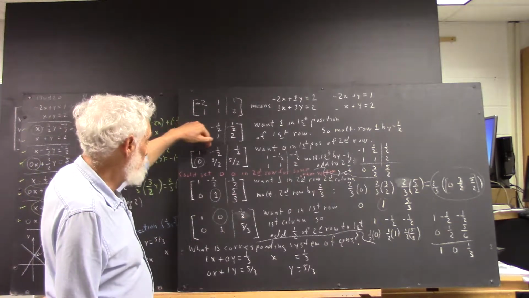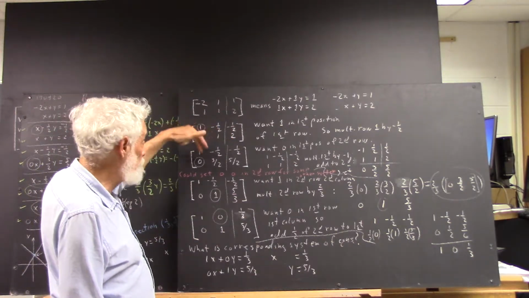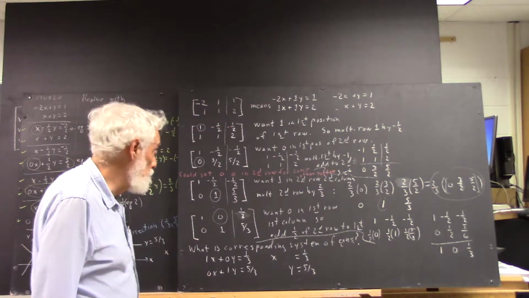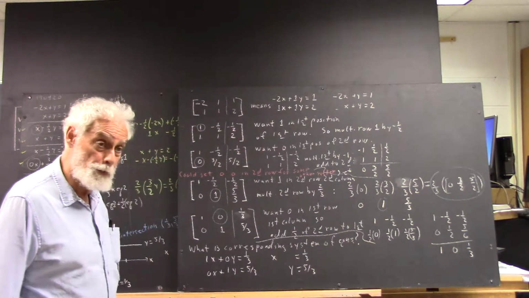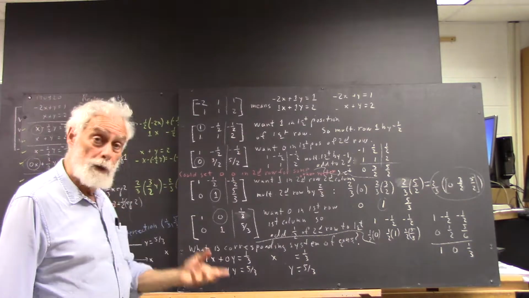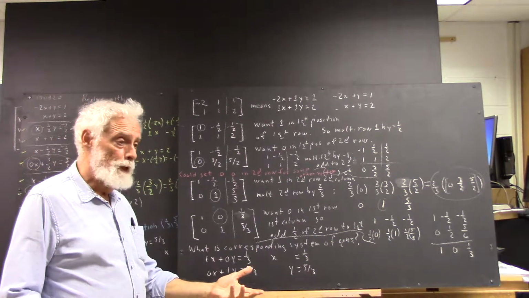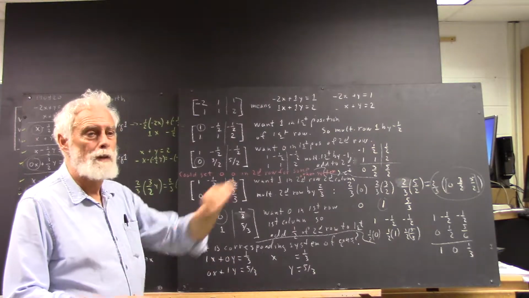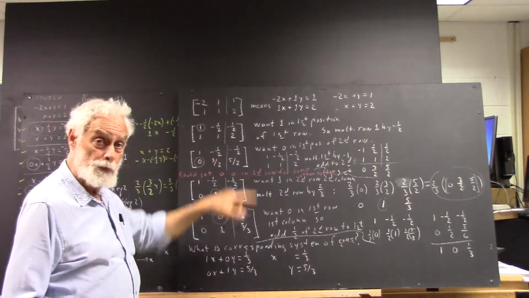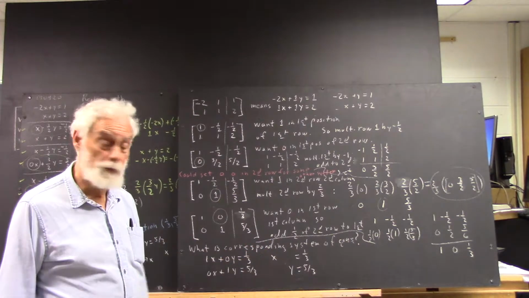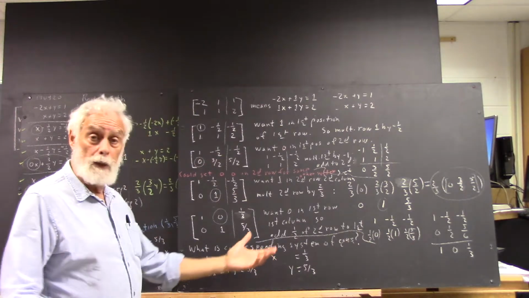That means that any x and y that satisfy the first equation, the equation corresponding to the first row, would be a valid solution. And since there are infinitely many points on the line that's represented by this first row, there are infinitely many solutions. And that's okay, you can have that.